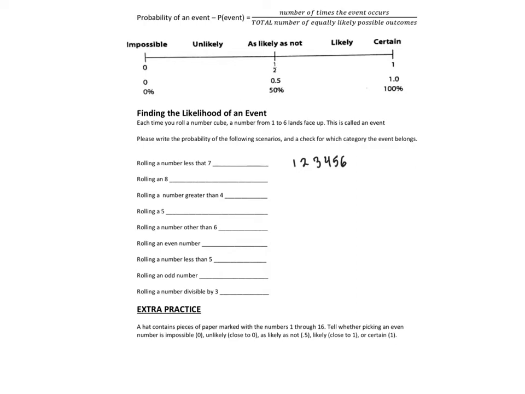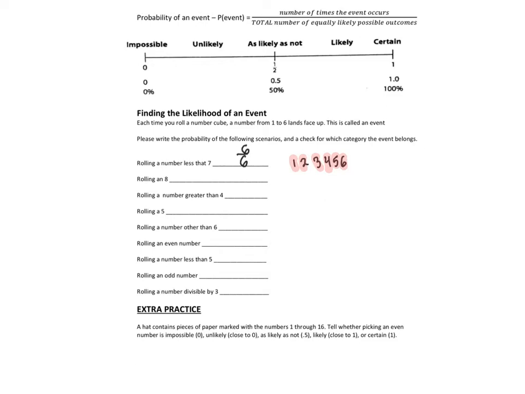So when I look, I see 6 is less than 7, 5 is less than 7, 4, 3, 2, and 1. So that is all of my options. That is 6 options out of 6 options.